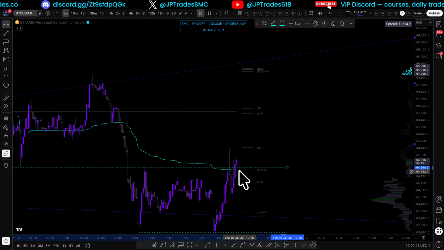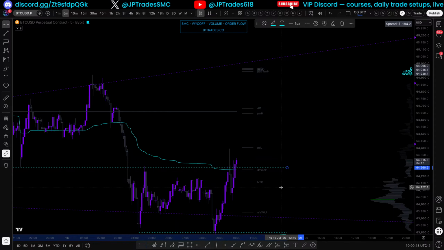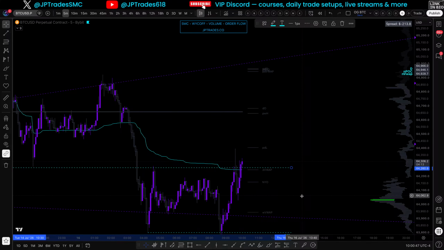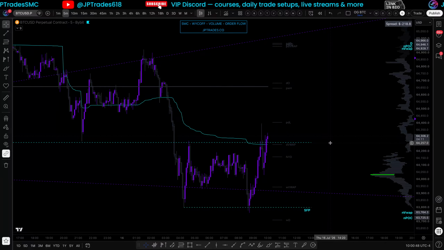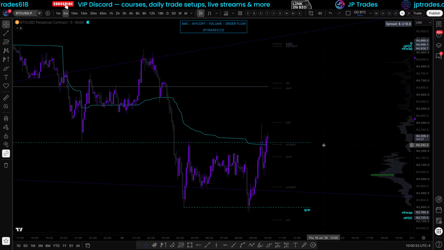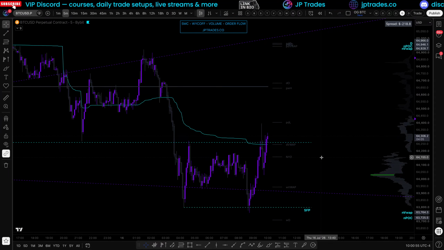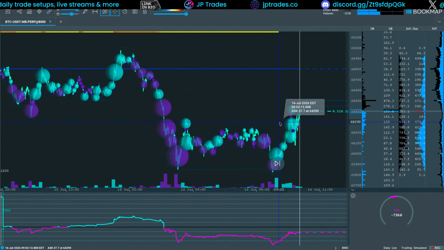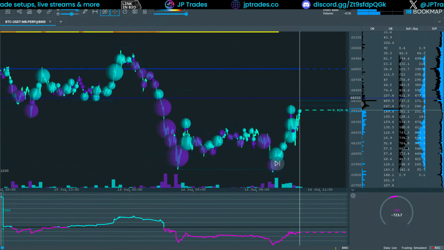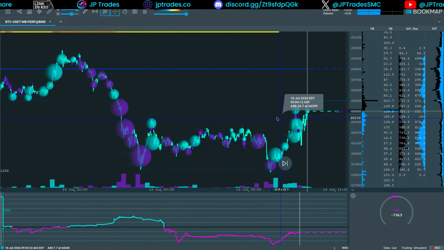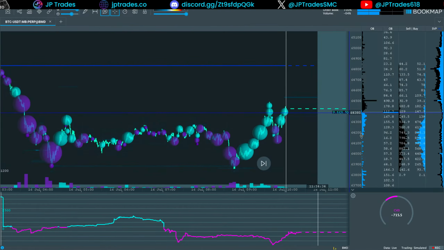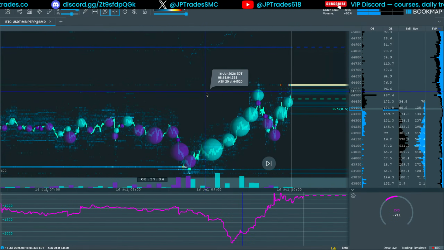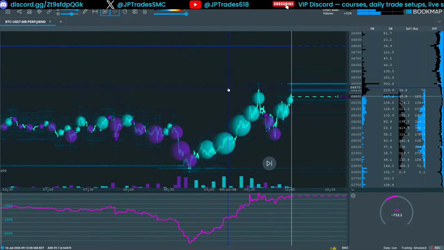Even if you're not just using the VWAP as your level, you're simply using support and resistance here. We do have a bit of a sell wall right here, and that's pretty good size. So let's see what goes down here.